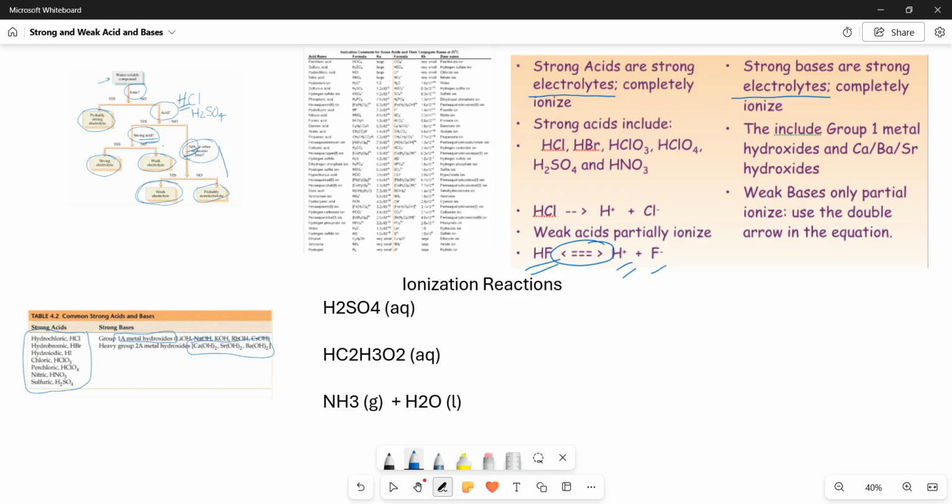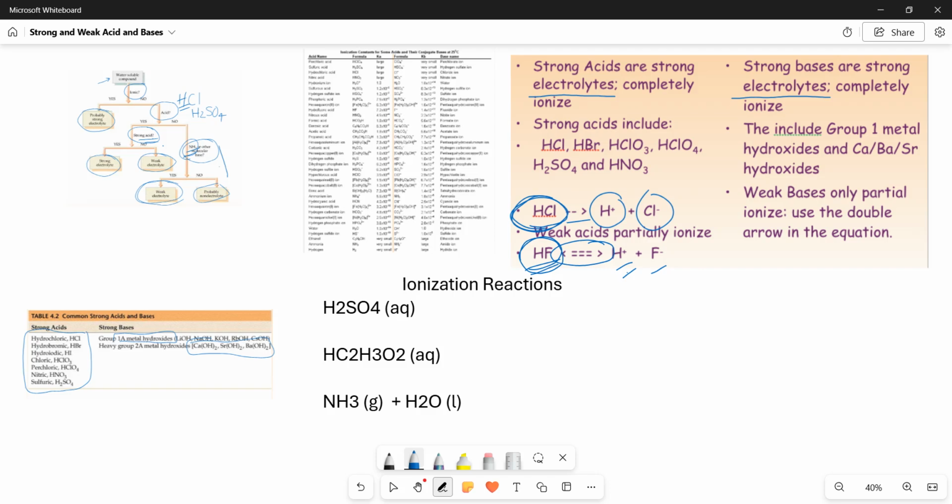There's a double arrow here, meaning that it does not completely ionize. In other words, not every single molecule of acid breaks into ions. Only some of them do. A strong acid only has a single arrow. It completely ionizes. Every single molecule of HCl will break into its ions of hydrogen ion and chloride ion.